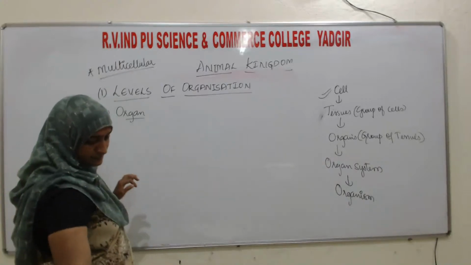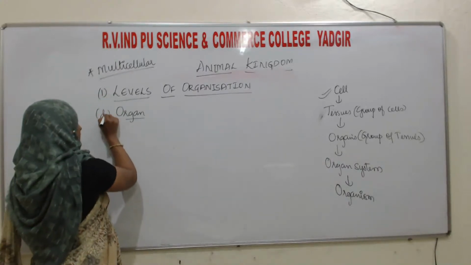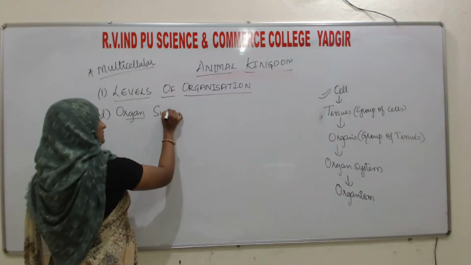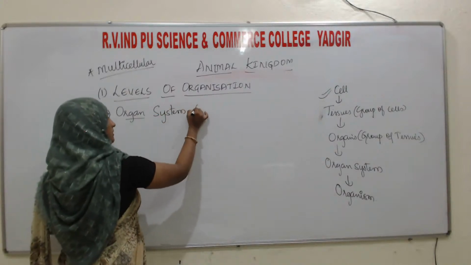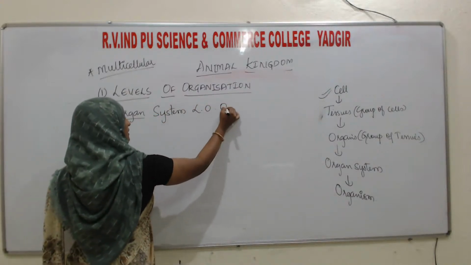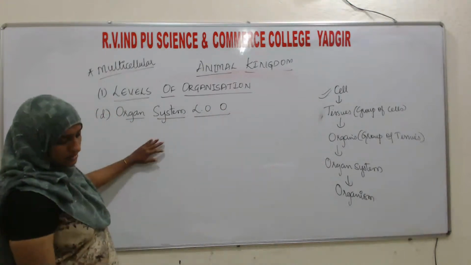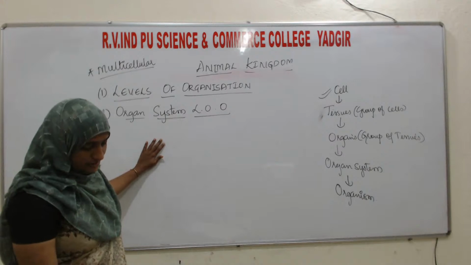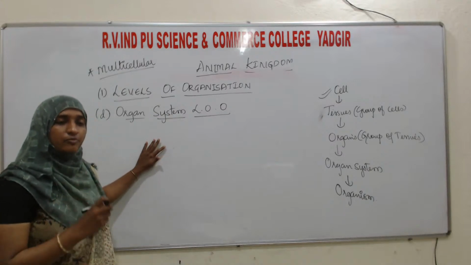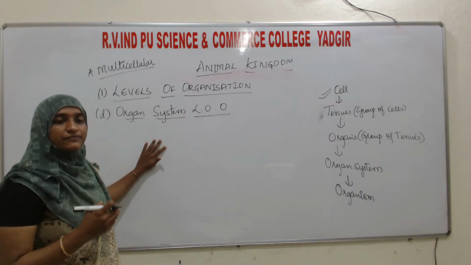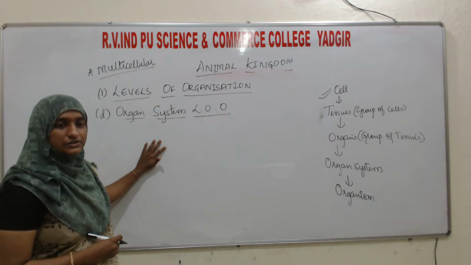Fourth level of organization, organ system level of organization. Here many organs are grouped together and perform different physiological functions.